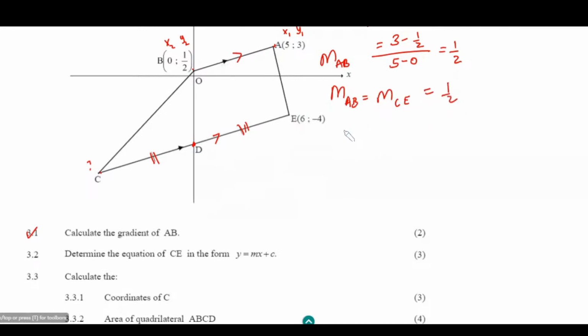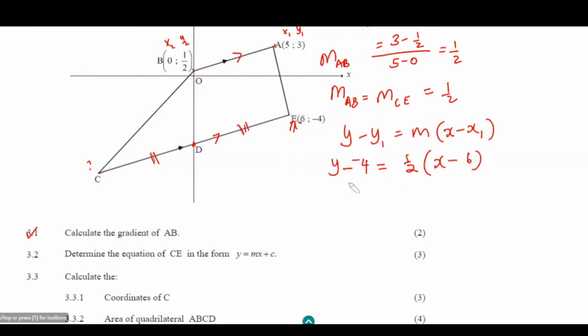Then I prefer using this to determine the equation of straight lines. Some people will take on y equals mx plus c, and they move on. So I'll use my coordinates of E, (6, -4). I'll do my substitutions. So I'll say y minus the -4 is equal to a half into x minus this 6 here.